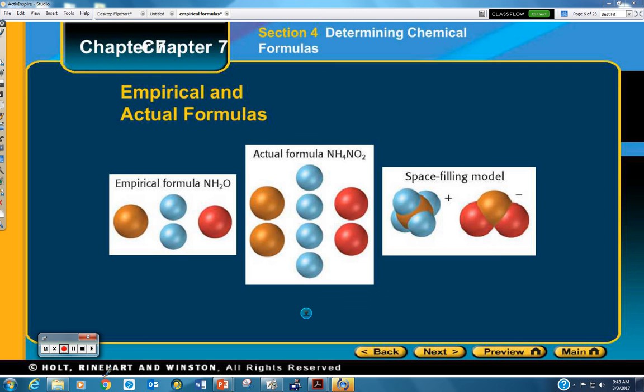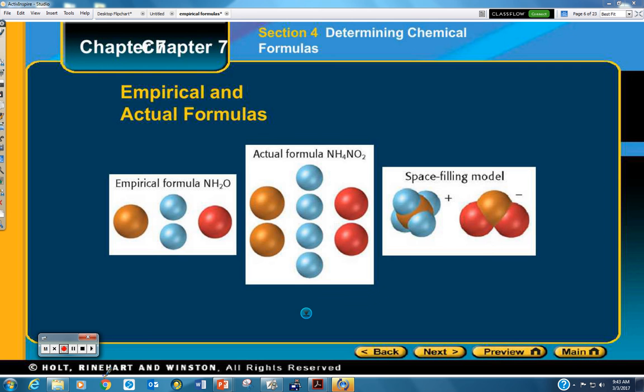Whereas the actual formula is NH4NO2, which means we have 2 nitrogens, 4 hydrogens, and 2 oxygens. Do you see how this formula is the reduced form of that formula? If we divide everything by 2, we come up with that number.